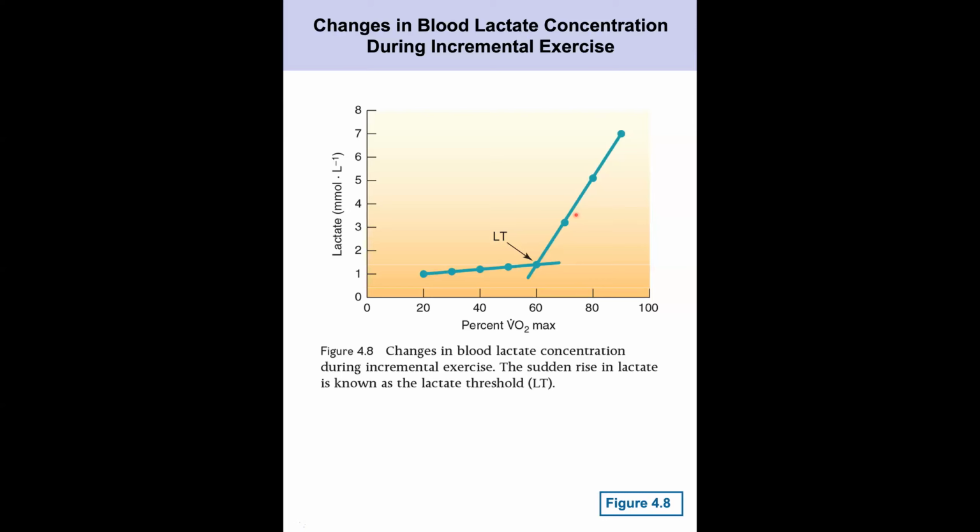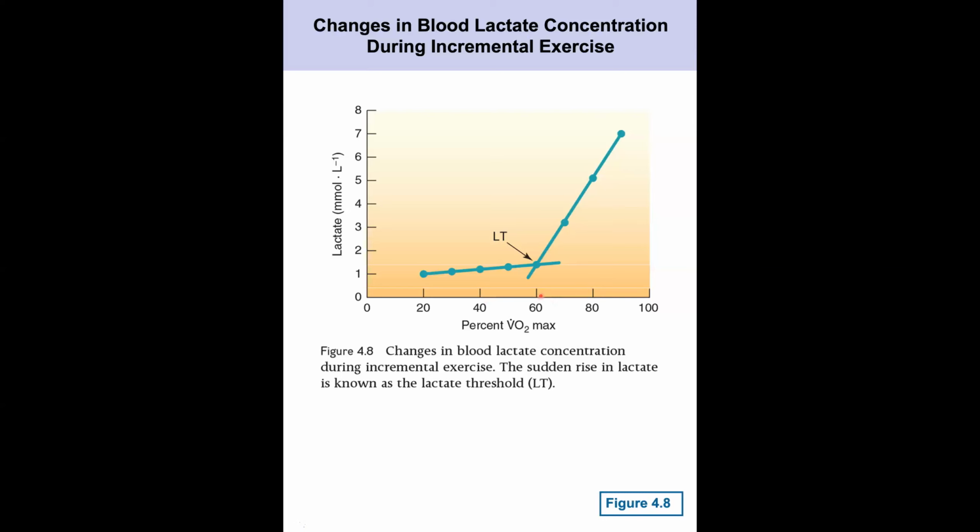That sudden rise in lactate is known as the lactate threshold. Early on, in this linear increase, we're able to clear lactate as quickly as we're producing it. Over here, it becomes exponential due to more anaerobic production of ATP. Because of that, we're unable to clear lactate at the rate that we're producing it, and it exponentially rises.